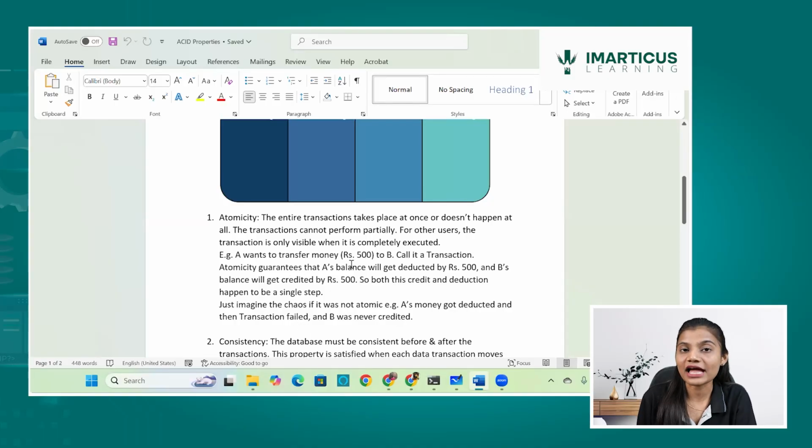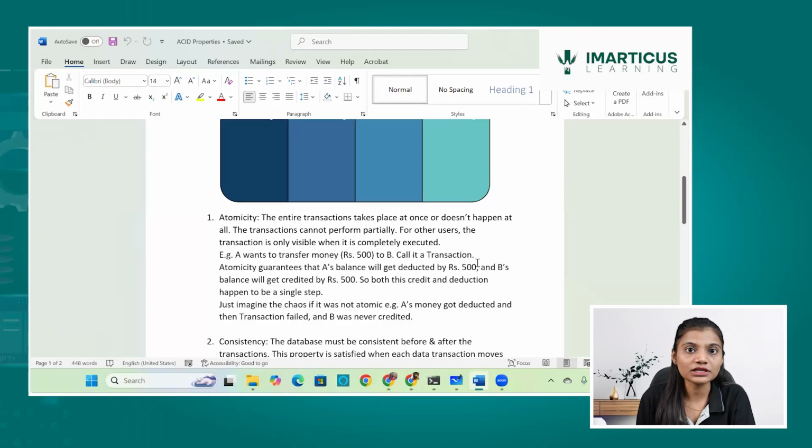Atomicity guarantees that A's balance would be deducted by 500. Let's say I had 3000 as a balance and I want to send it to B. So my balance from 3000 will be minus 500.